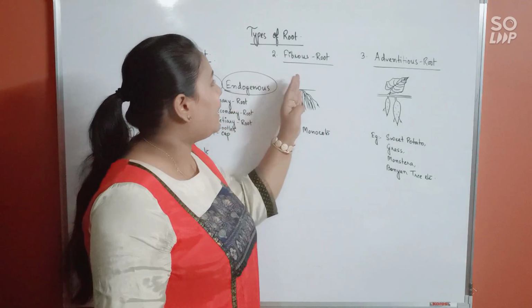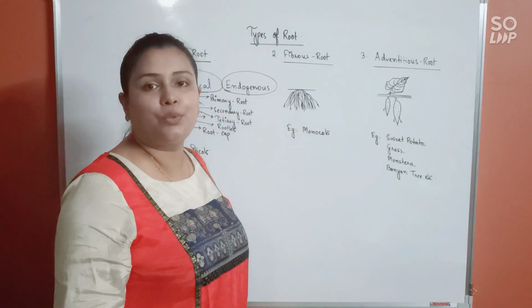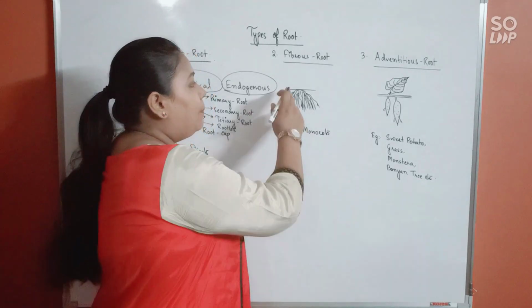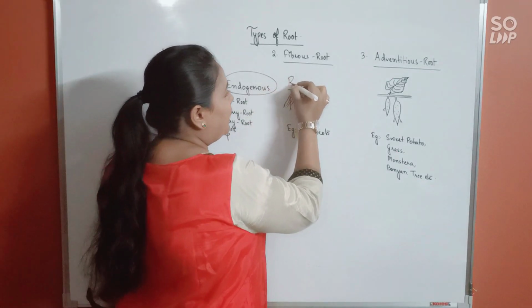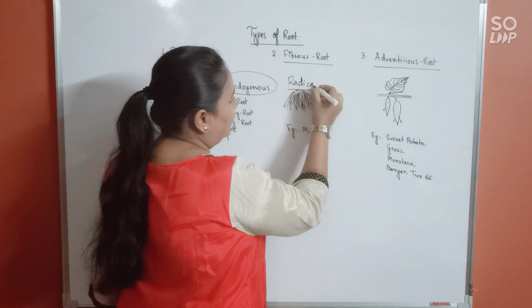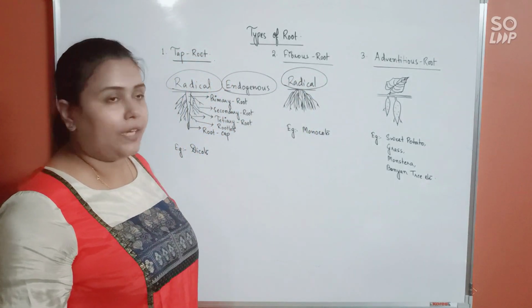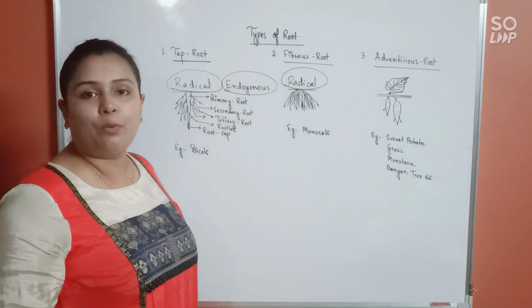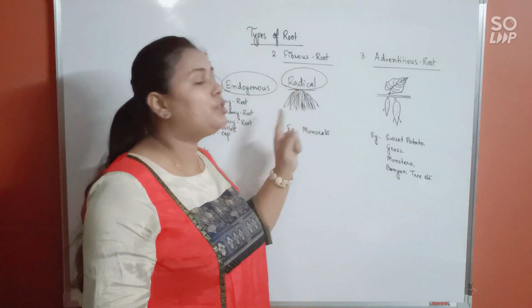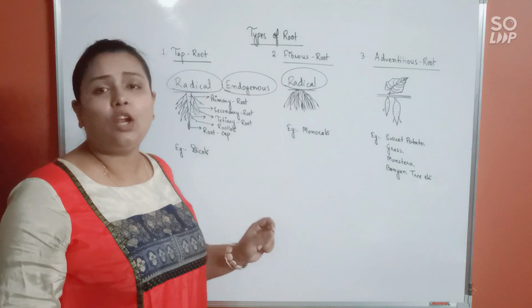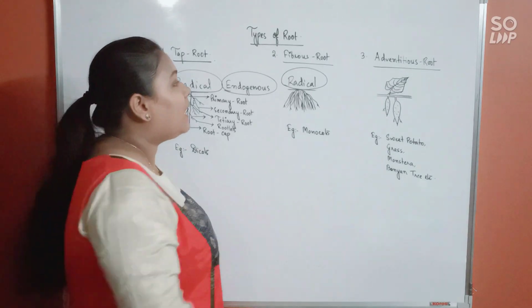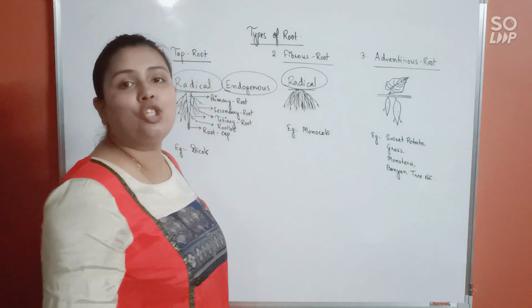Now, moving to the next type of root, which is fibrous root. Okay. Fibrous root, the origin is still the radical. Origin wise, it's still the same as the taproot system. So even the fibrous root system arises from the radical of the seed. But here the primary root is short-lived.